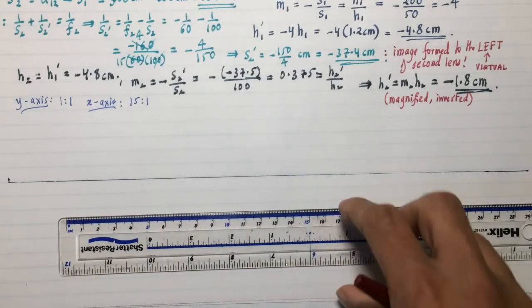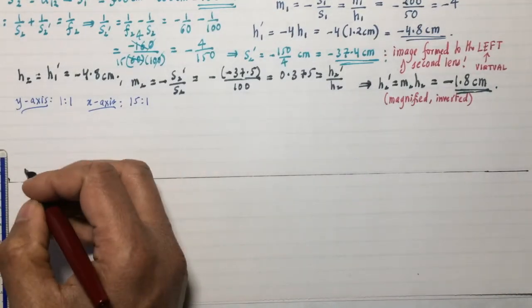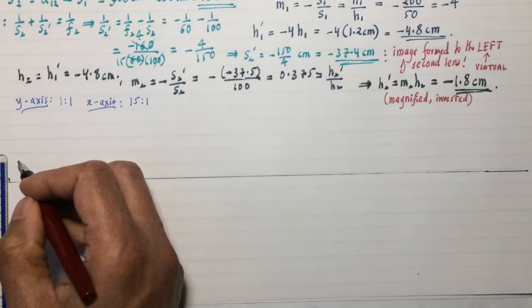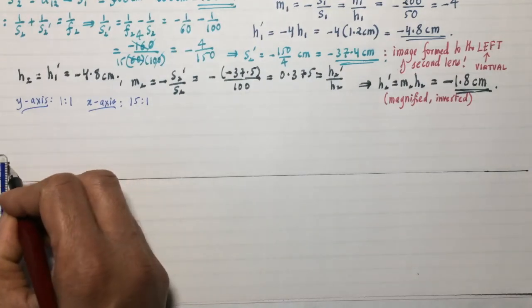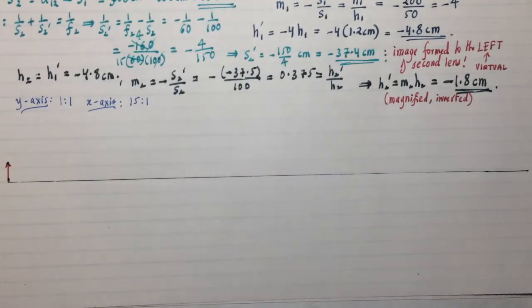And the height of the object is going to be 1:1, which means I have to make it exactly 1.2 centimeters in size. The ray diagrams are going to only be as good as your drawing skills. So don't feel bad. If you did the math right, you'll be fine. Now it's kept 50 centimeters away.